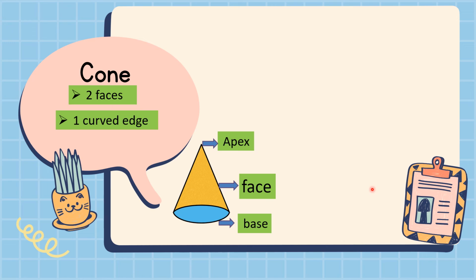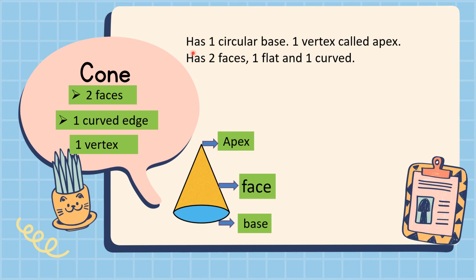One curved edge, and one vertex, which is also known as the apex. So again, a cone has one circular base, one vertex called apex, and has two faces, one is flat and one is curved.